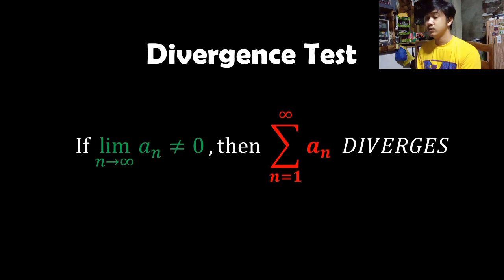So if the limit of a sub n does not approach or equal 0, then the infinite series will diverge. So let me give you an example of the divergence test.